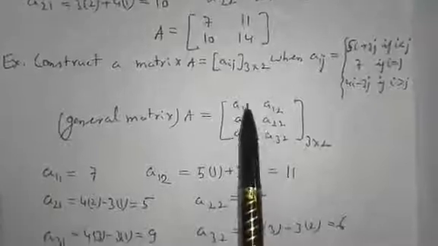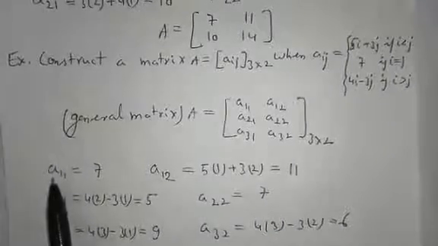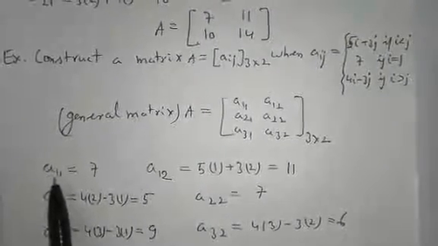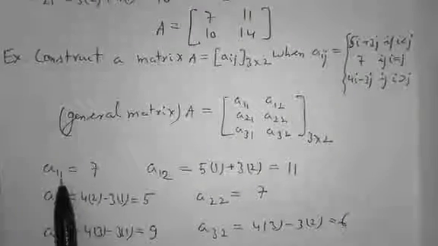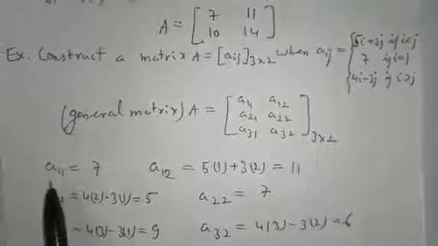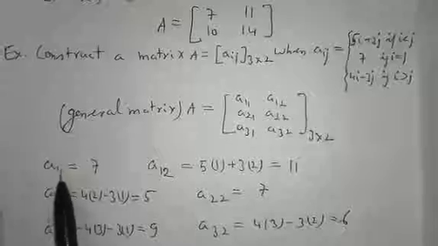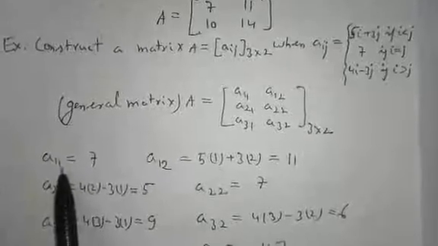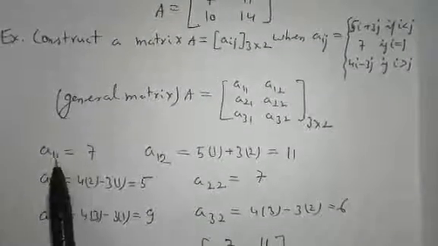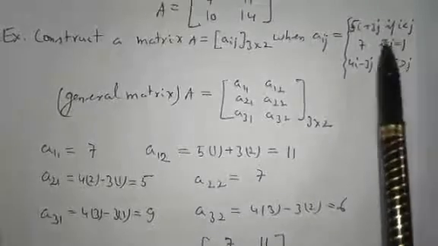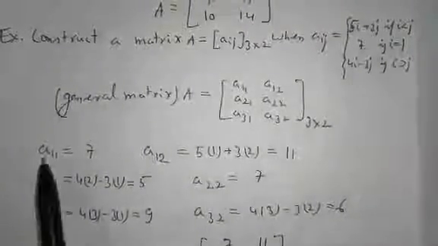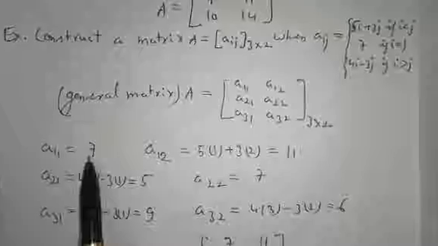For calculation of A11, the value of i is 1, the value of j is 1. In this case we observe that i and j are both equal. So according to the general element, if i equals j then its value is 7. So the value of A11 is 7.